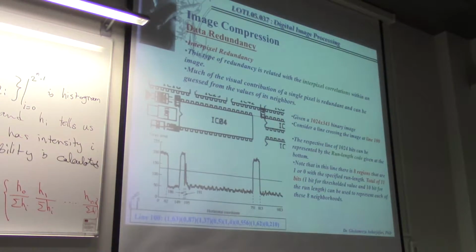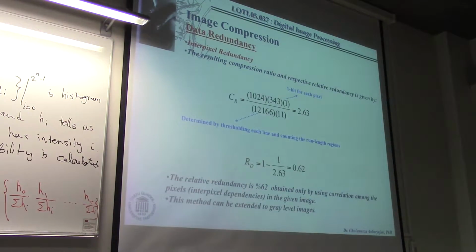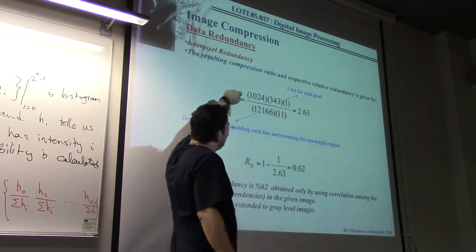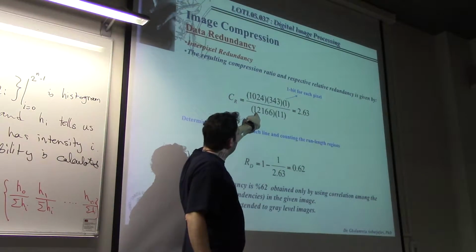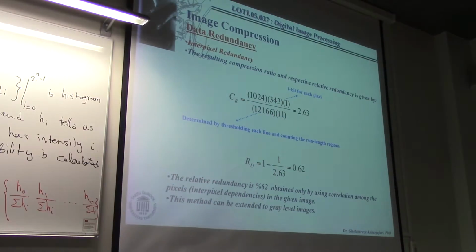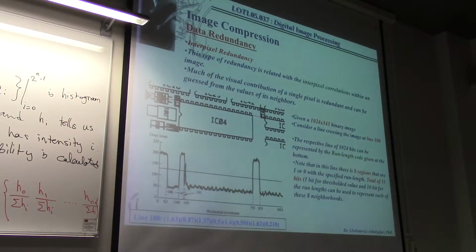And in this specific example, if you do it for all lines, you see that we will need in total 12,166. How do we calculate it? Here, if you say, okay, I have the number 64. For number 64, how many bits do I need? 6 bits I need here, plus 1 bit, so it's 7 bits, plus 8 bits here, like 16 bits.